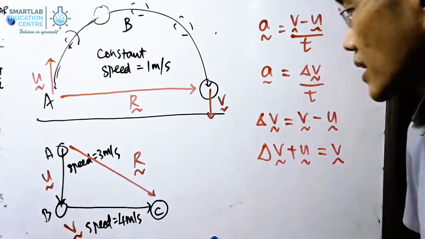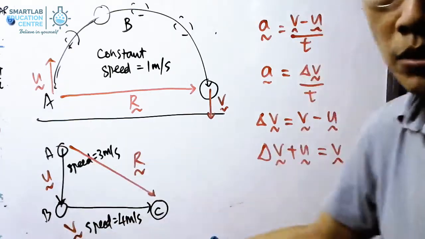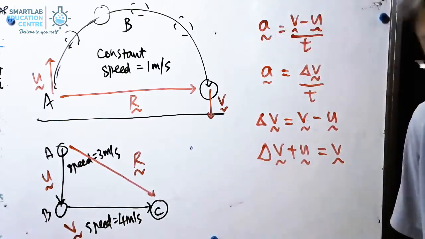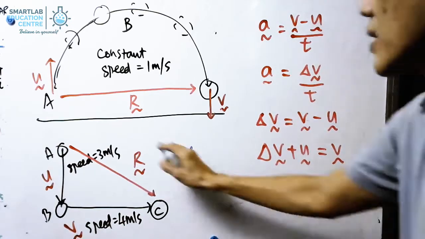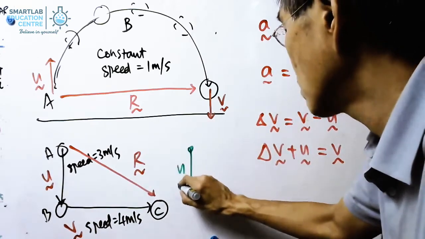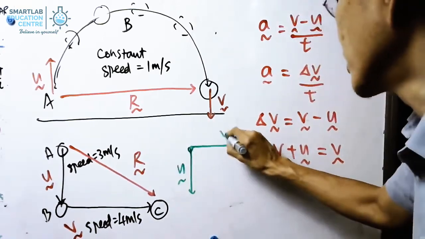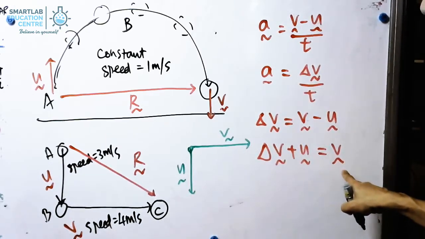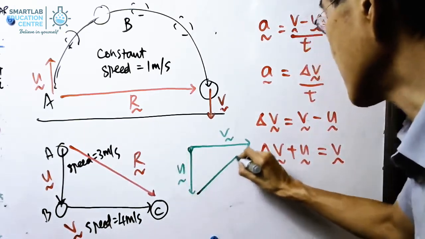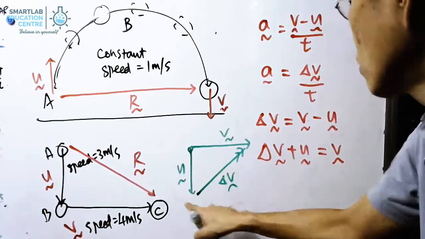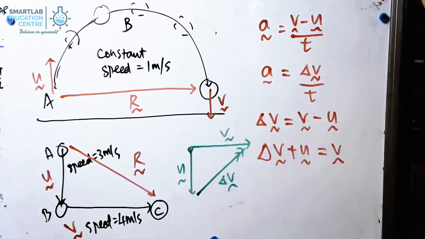So with that, let's take a look at this example. You can see that this is your u, and this is the v. Okay, so given that u plus change in v will equal to v, this plus this, this is the change in v, because u plus change in v will give you the velocity component.